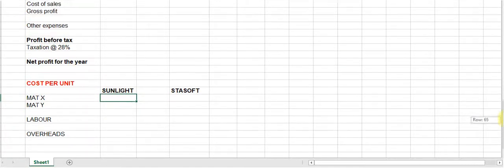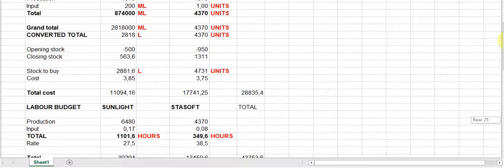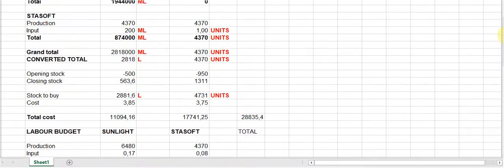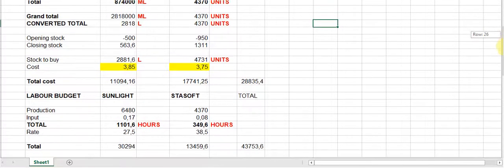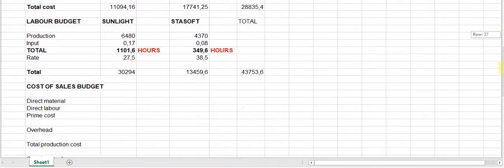So going back to my material budget, I should take into account that the price of material X has changed to R3.85 and for material Y to R3.75. I just need to remember that I don't use the prices as they are given to me. I've already taken into account the increases there.